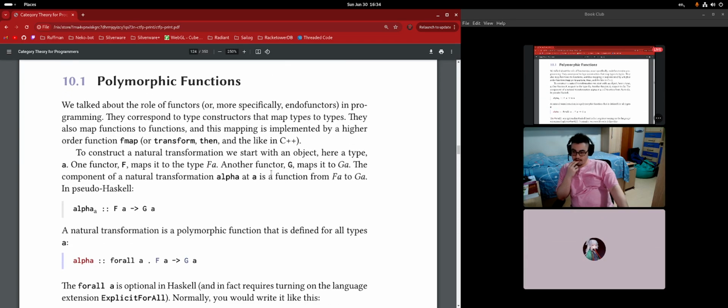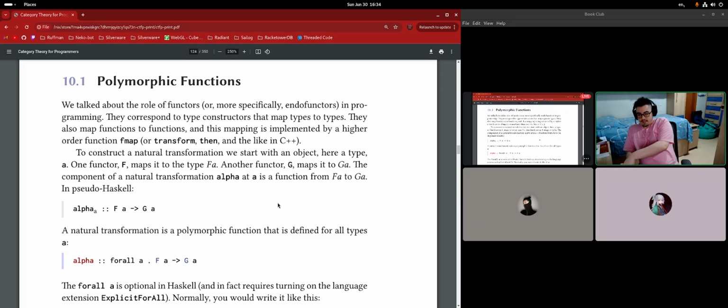Sure. And now we're gonna go see some code to see how we're gonna make this into programming. So let's just start by having an object with type A. One functor f maps it to a type f of A. Another functor g maps it to g of A. The component of a natural transformation alpha at A is a function from f of A to g of A, in which both f and g are functors.